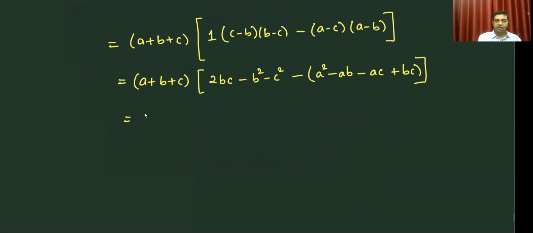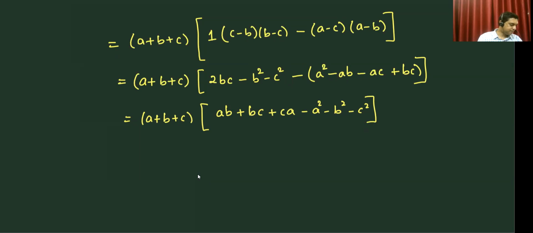So what do you get? A plus B plus C, observe this, 2BC minus BC is 1BC. Then this is plus AB plus CA. So I get AB plus BC plus CA minus A square minus B square minus C square. Okay, so this is the answer.